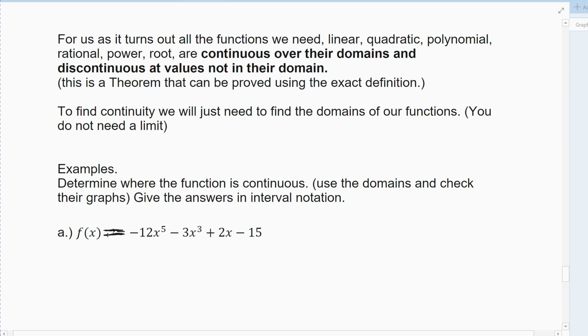So for all of our typical functions, we have continuity over the domain. It's discontinuous wherever they don't exist, wherever it breaks in their domain. And this actually is a theorem. Again, we're not going to go into it. All you really need to know is if you have the domain of the function, you know where it's continuous, for these types of functions: linear, quadratic, polynomial, rational, root, and power.